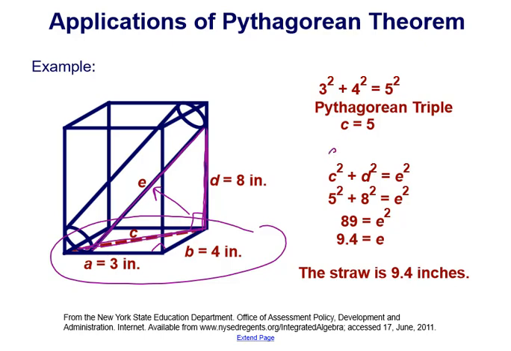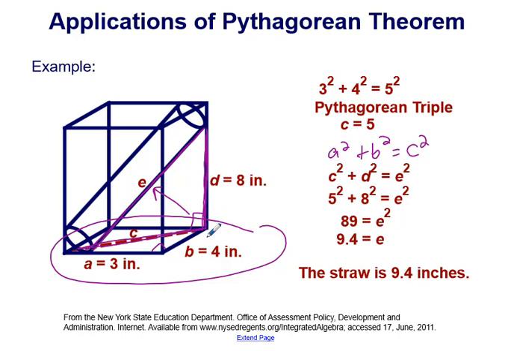So we're setting up, instead of a squared plus b squared equals c squared, we're just using the different variables, where this time c and d are the legs instead of calling them a and b. But we know that C is equal to 5. We just discovered that using the bottom right triangle, and that D is equal to 8.